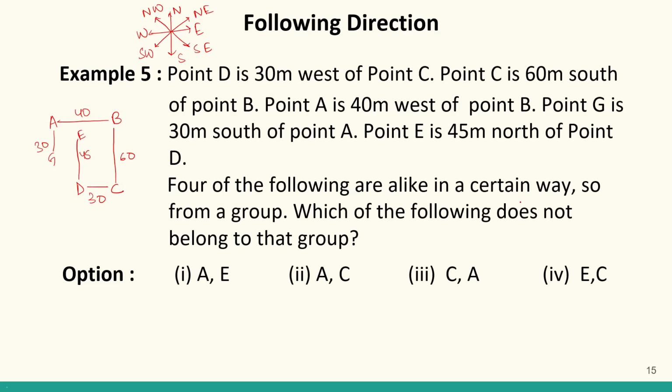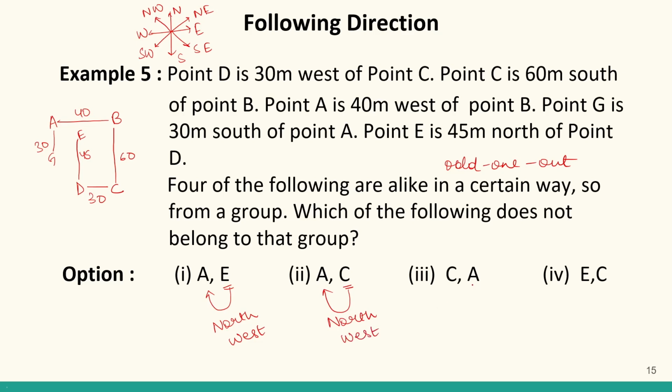Now, four of the following are alike in a certain way, and they form a group, and we have to find out which of the following does not belong to that group. So this is a question of odd one out. Now, over here, the direction of A with respect to E is in northwest direction. Similarly, the direction of A with respect to C is again northwest direction.